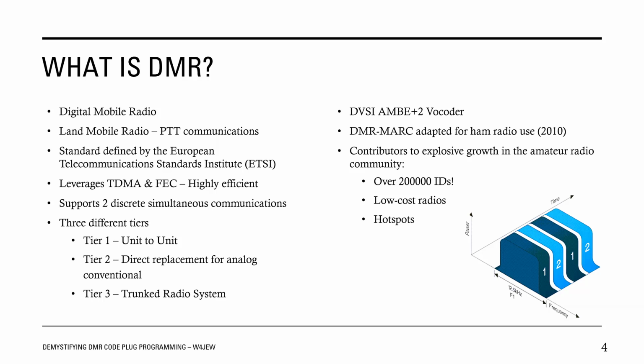There are three different tiers in DMR. Tier 1 is very basic, unit to unit, effectively simplex. Tier 2 is what hams are using for the most part, and is geared towards being a replacement for analog systems.